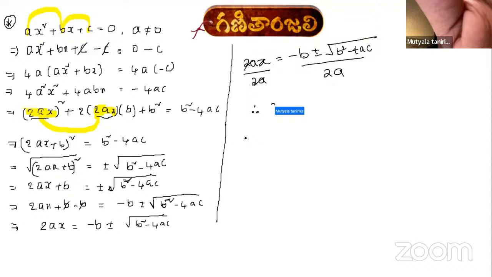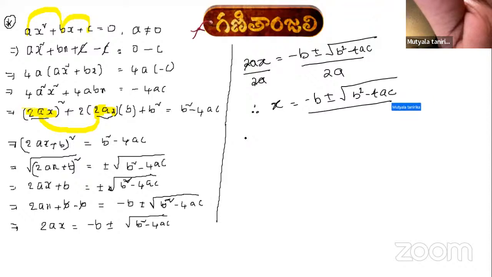Therefore, x equals negative b plus or minus the square root of b square minus 4ac over 2a.